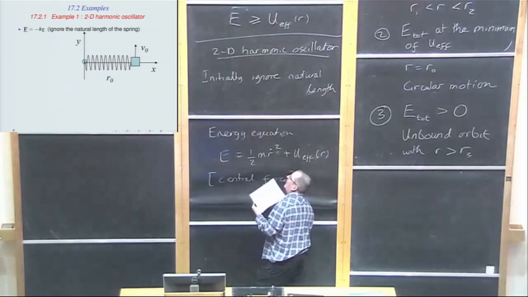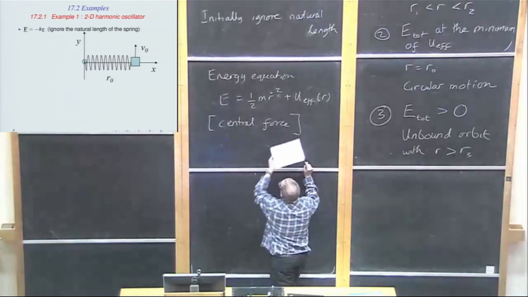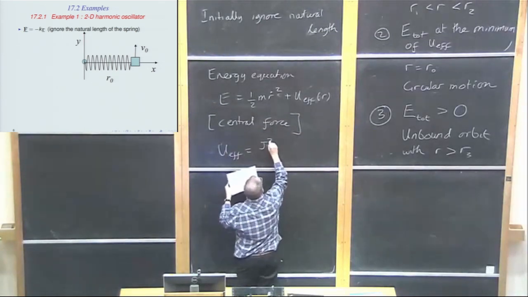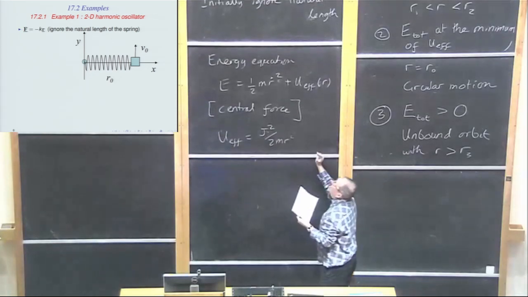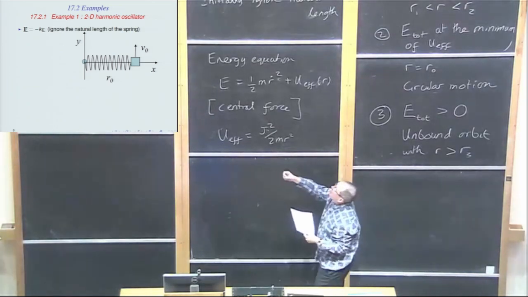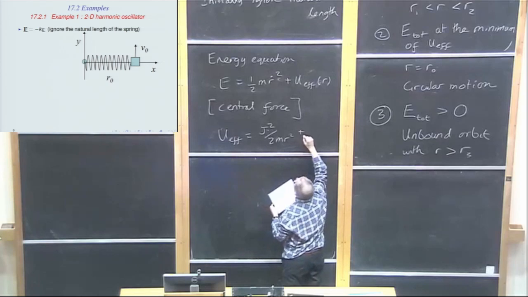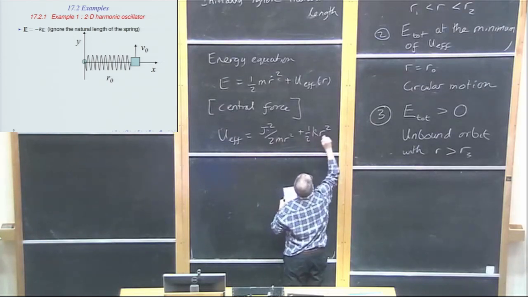That is what is allowing us to just write U_F as j squared over 2mr squared. But now for the potential energy, it's not gravity, we need the potential energy which is in the spring, and that is, as you know, a half kr squared.